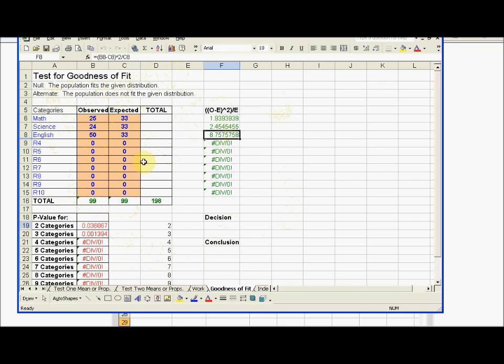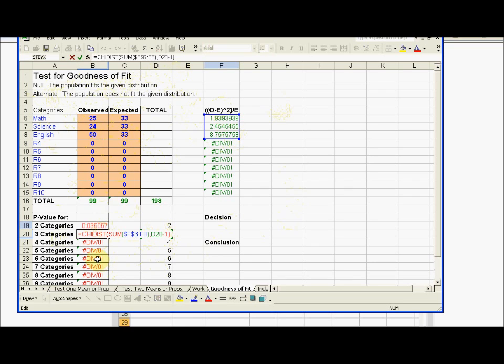Then, to calculate the p-value, I have this set up very generally, so I'll go to three categories because we have three categories. And let me double click on this. First, let's note that we have three categories. So this number 3 here, this cell will be covered up when I double click on this. Okay, if you want to do it by hand, you've got these numbers, then you can use the CHIDIST function in Excel.